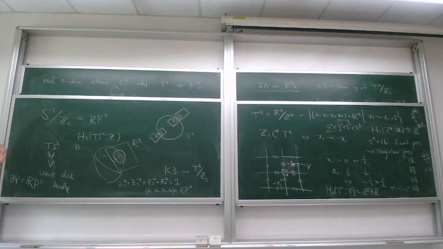The fiber direction just shrinks to the point. So what is H2, the second homology of the tangent bundle of S2?